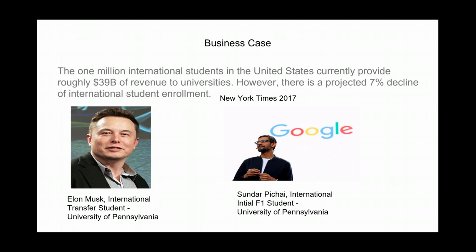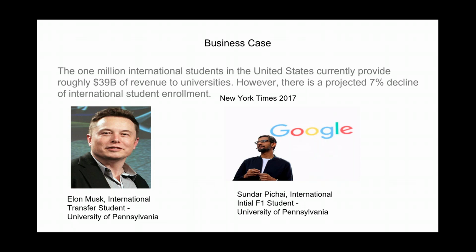He's a household name to most of you. Definitely revolutionized the American economy. Also, Sundar Pichai, initial F1 student, University of Pennsylvania, CEO of Google. So international students not only bring $39 billion in revenue per year to universities, they also give back to our economy.